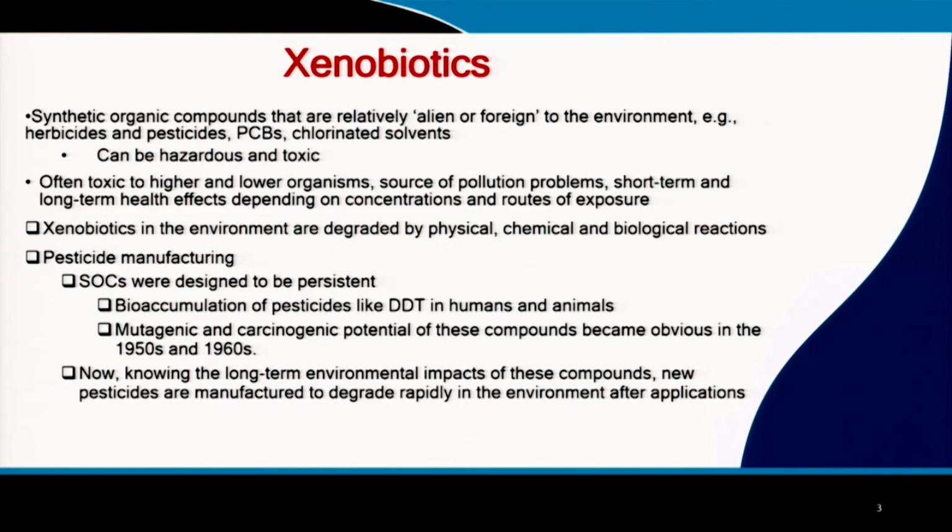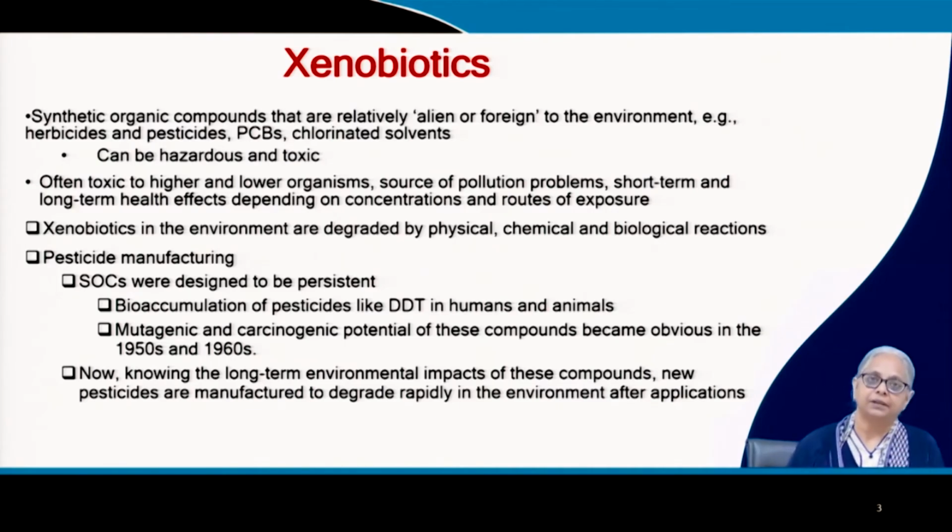So any organic compound that is made in the lab, whether it's an industry lab or a research lab, it doesn't matter. Synthetic organic compounds that are manufactured, that are anthropogenic in nature, are therefore by definition alien or foreign to the environment.